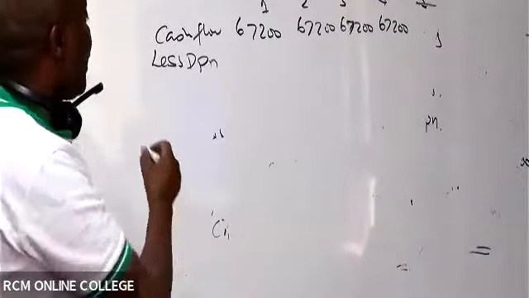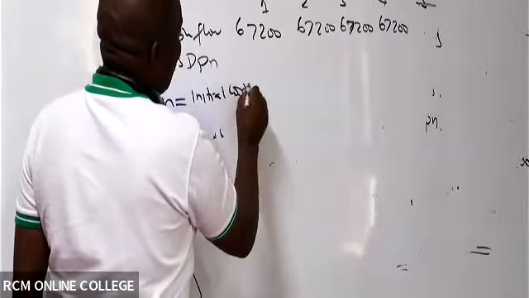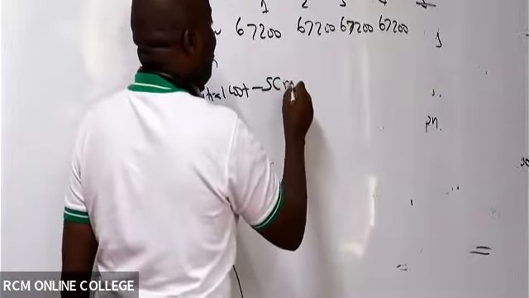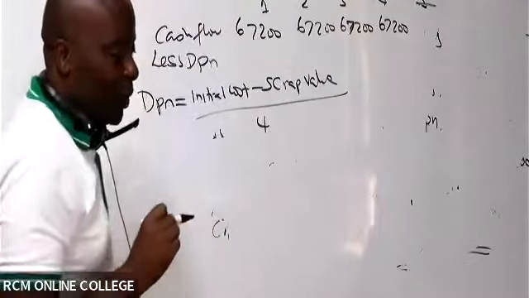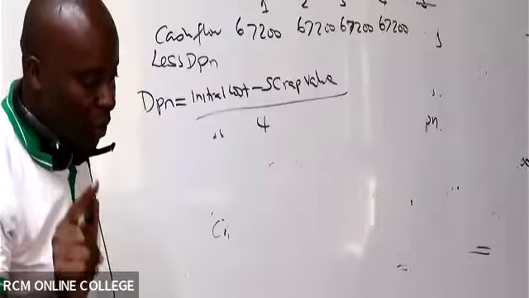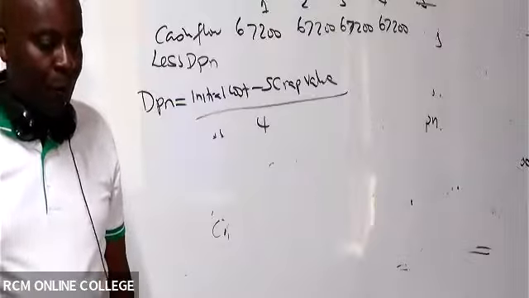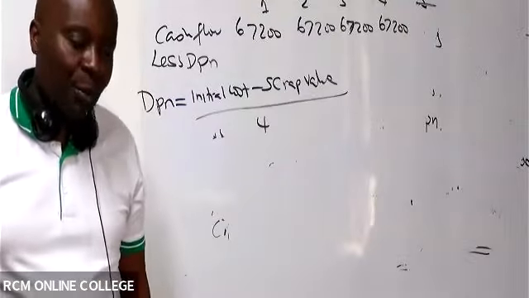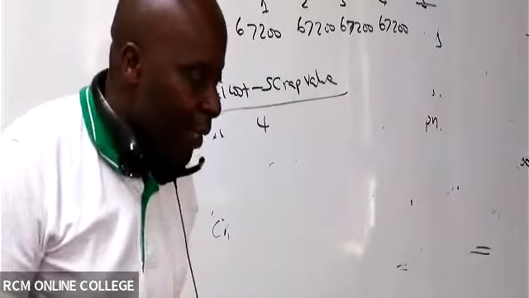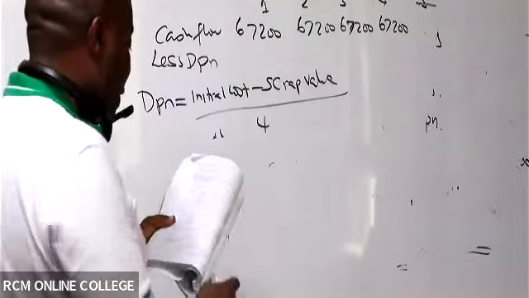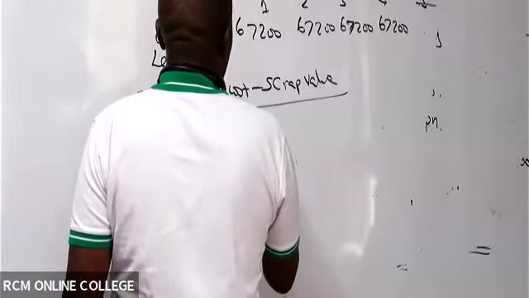To get depreciation is really easy. We take the initial cost, subtract the scrap value, divided by the number of years, which are 4. Initial cost of this project is 192,000.